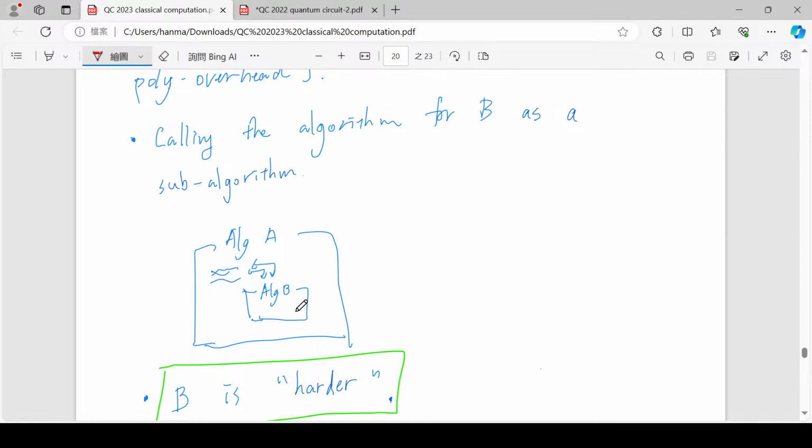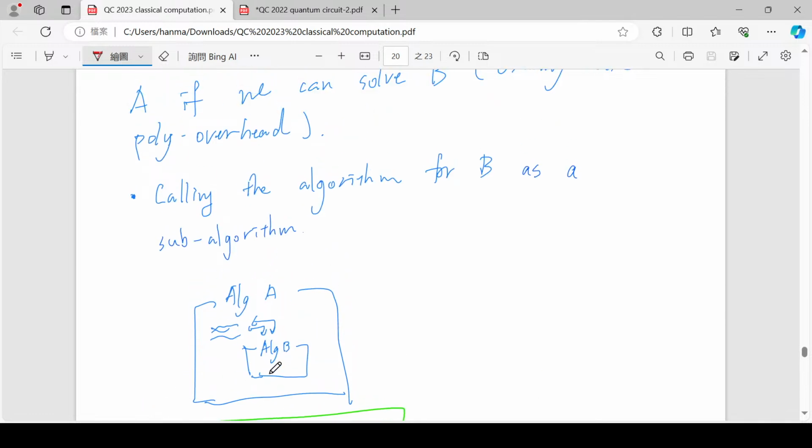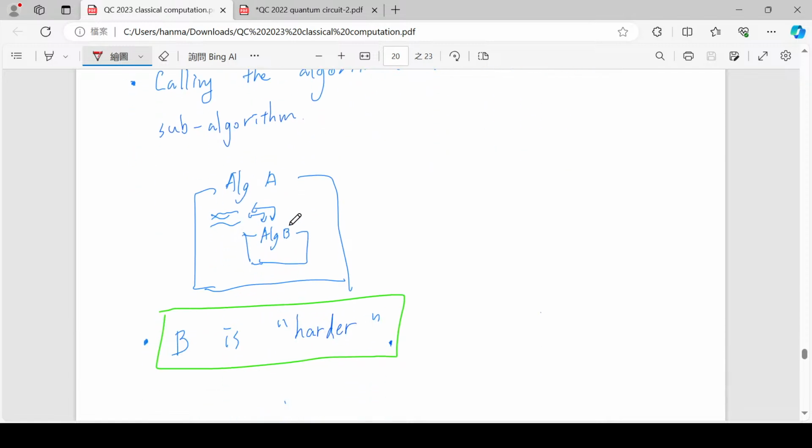In terms of theoretical consideration, it actually means the sub-algorithm is solving a harder problem, because solving it enables you to solve another problem. So the algorithm for problem A calls an algorithm for solving problem B, and this is the reduction.